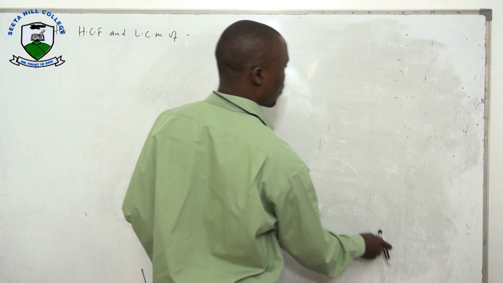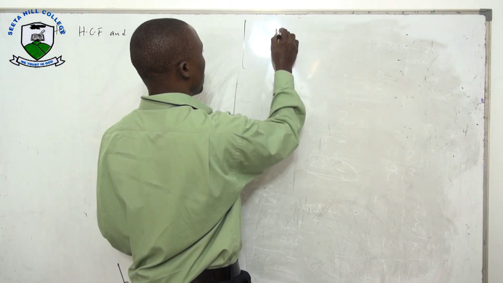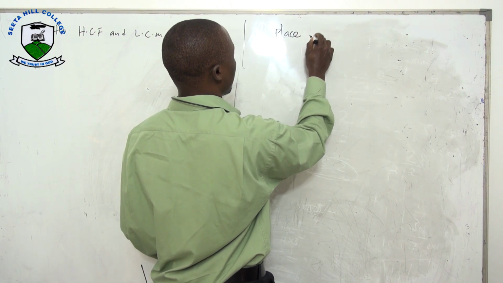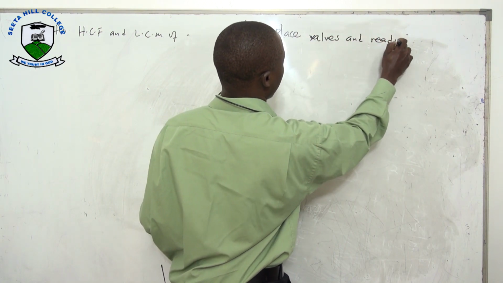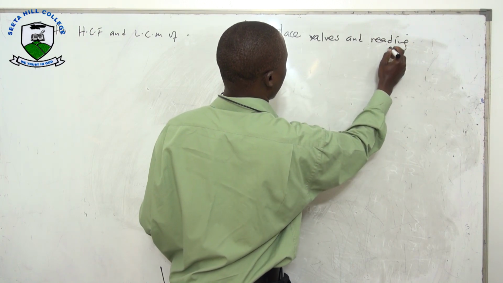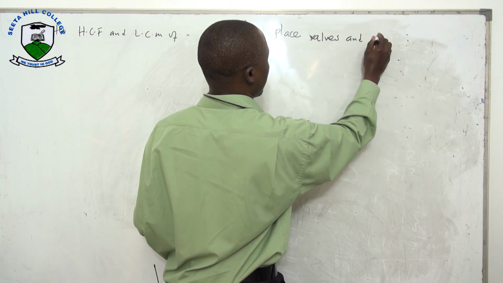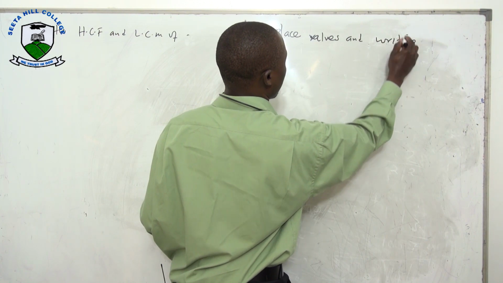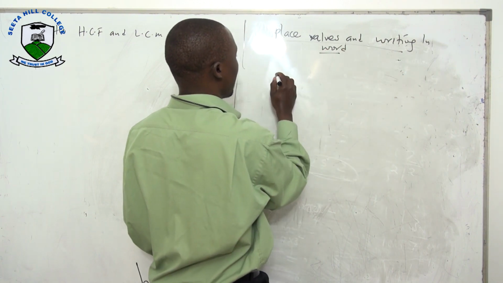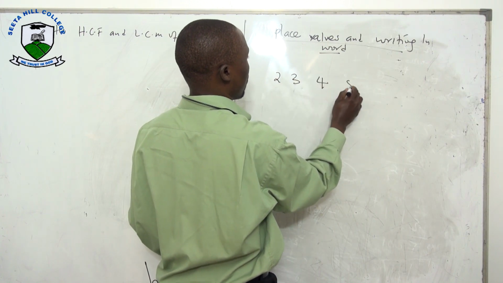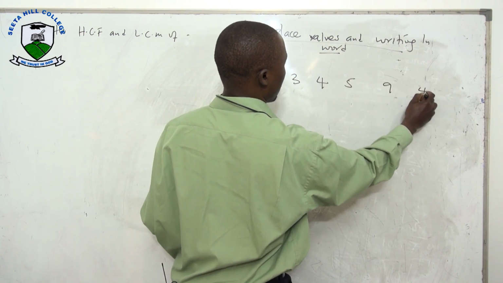Now let us shift to place values and writing in words. Just remind me, let me use a very big number, you remind me their respective place values.